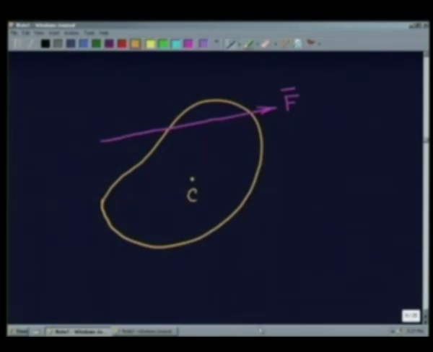What is the center of mass? For the definition of the center of mass of a rigid body, I will show you here.